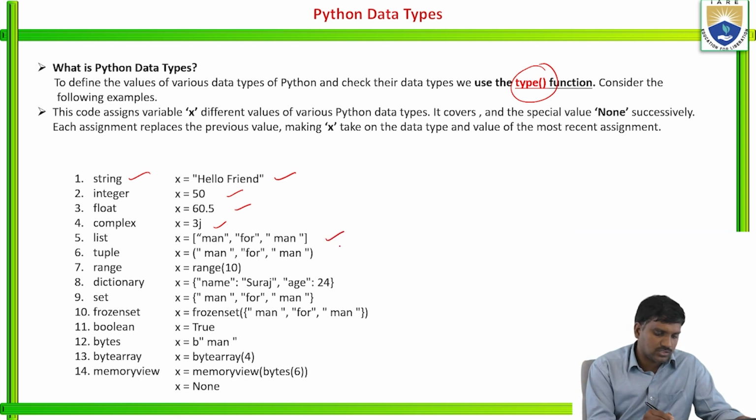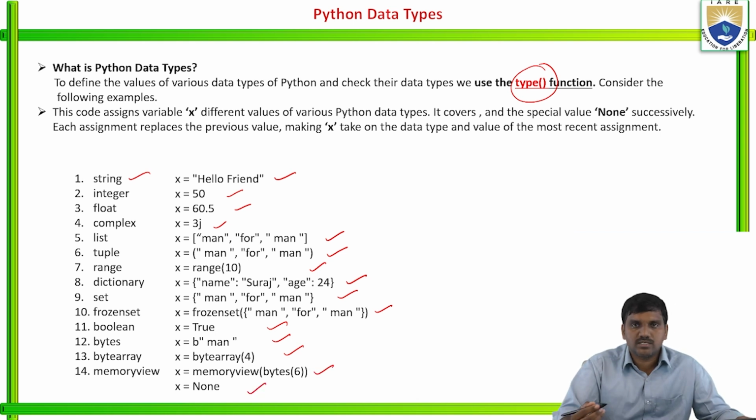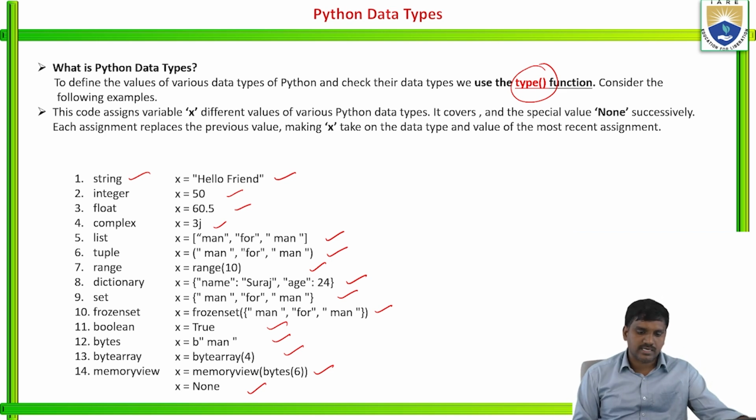Next we have list, tuple, range, dictionary, set, frozenset, boolean, bytes, bytearray, and memoryview. x is equal to None. This is the way of initializing values in Python: x is equal to some value, x is equal to some other value, like that. So x takes the data type of the value.